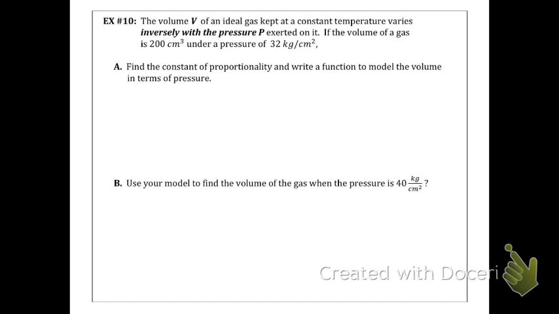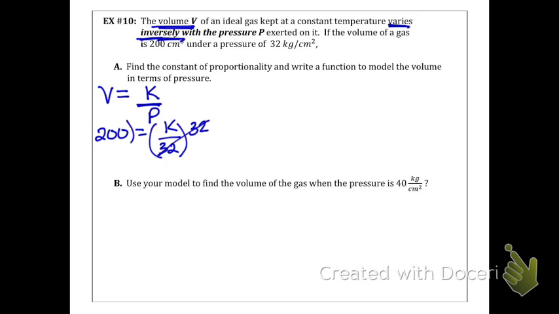So if you notice here on the first one, it says the volume is kept at a constant temperature, varies inversely. So there's our equals k. So volume is in front of it. So volume varies inversely, so equals k, inversely means divide, with the pressure P. All right, if the volume is 200, equals k over, and the pressure is 32, solve for k.